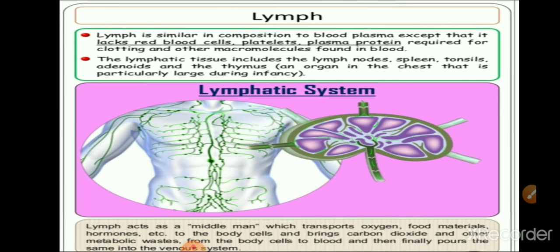It acts as a middleman which transports oxygen, food, and materials to the body cells and brings carbon dioxide and metabolic waste from the blood, and then finally pours it into the venous system. It contains a large number of lymphocytes, that are WBCs, so it plays a very important role in defense in our body.